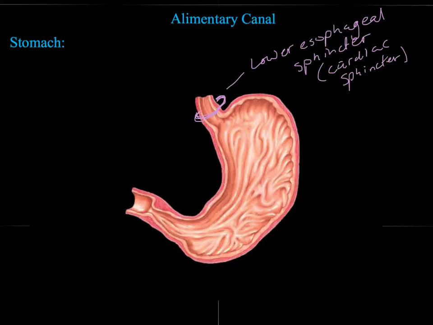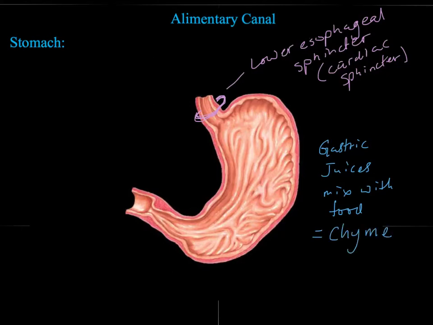Once food is in the stomach, gastric juices mix with food, further chemically digesting the food. Gastric juice plus food, or bolus, is now called chyme, which is a pasty fluid substance.